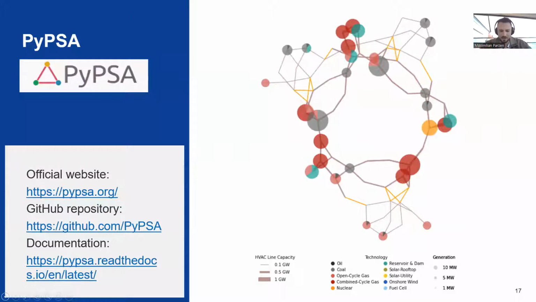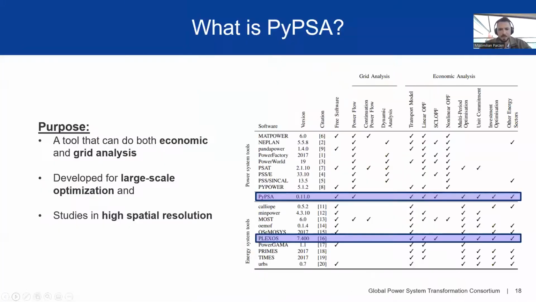Moving to the next slide. PyPSA is a tool that can do both economic analysis and grid analysis. Within economic analysis, you don't look just at one snapshot, one time step, but you can look at, for example, 1 year and try to find out the optimal capacity.